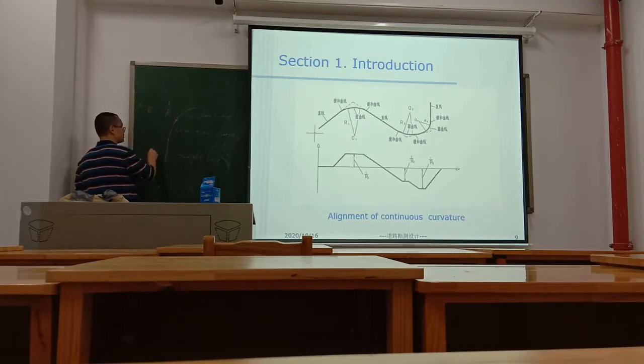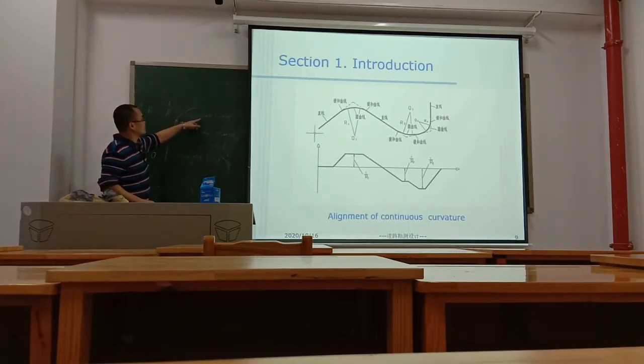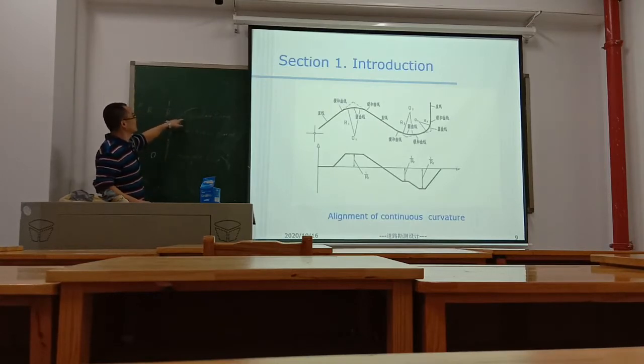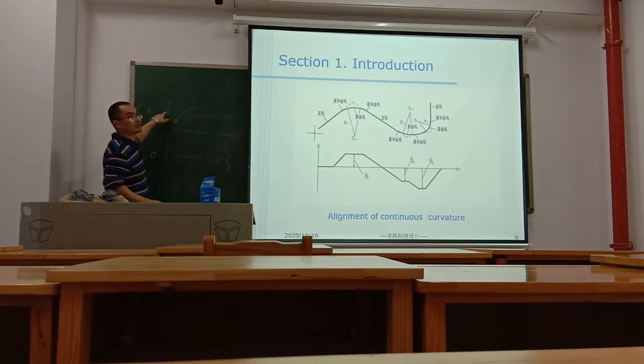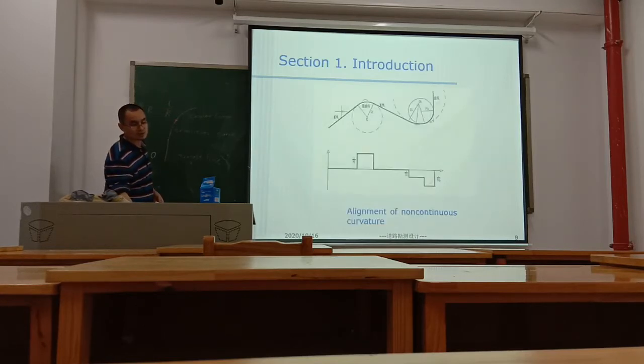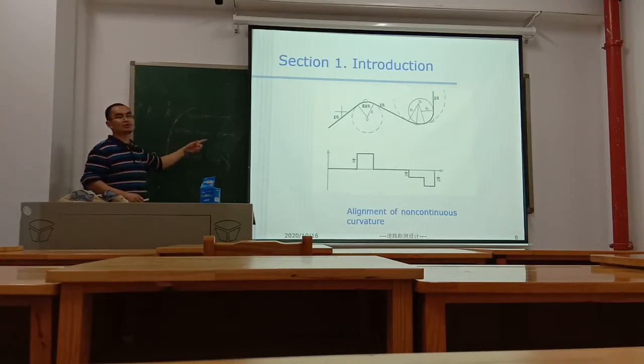The curvature of a circular curve is 1 divided by R. So if there is no transition curve between the circular curve and the straight line, the whole alignment has non-continuous curvature. So the transition curve is necessary.